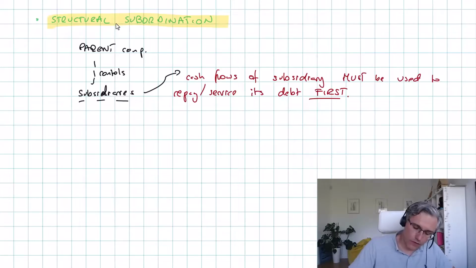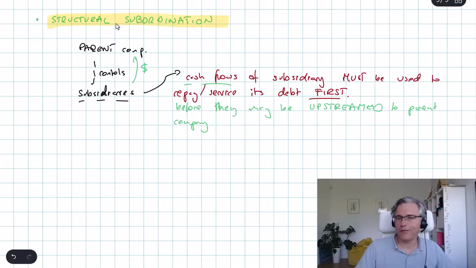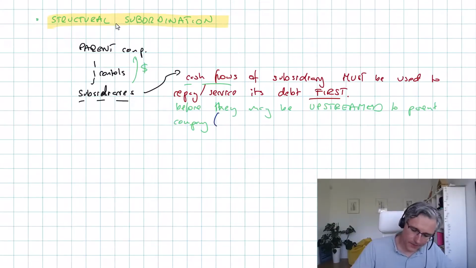So first, before the cash flows may be, I like this term, upstreamed. So transferred to the parent up in the grand scheme of things, upstreamed to the parent company, obviously to potentially service the parent's debt.